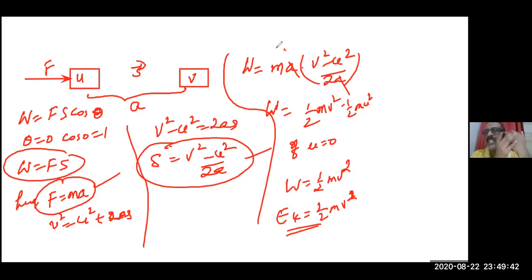Then work done for this displacement, W is equal to Fs cos theta. Theta is equal to 0, cos 0 is equal to 1.